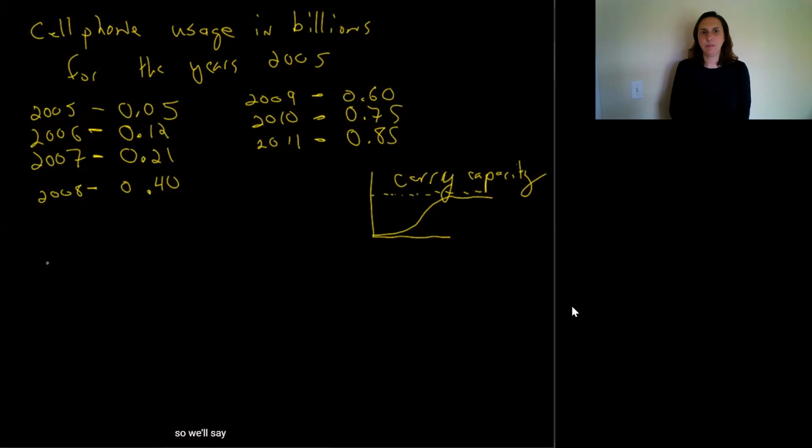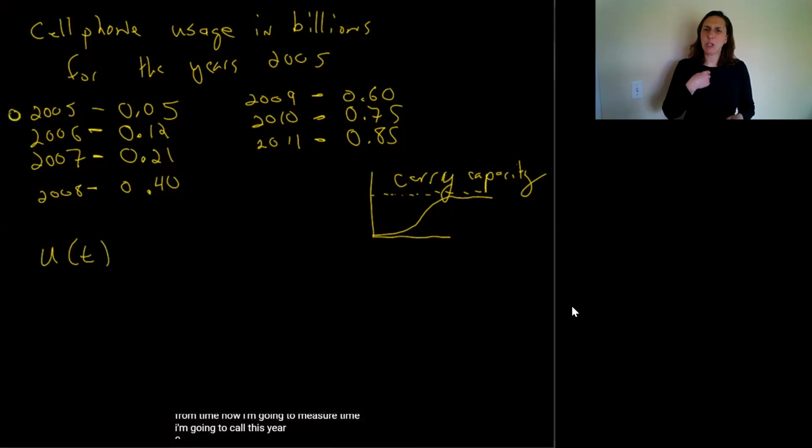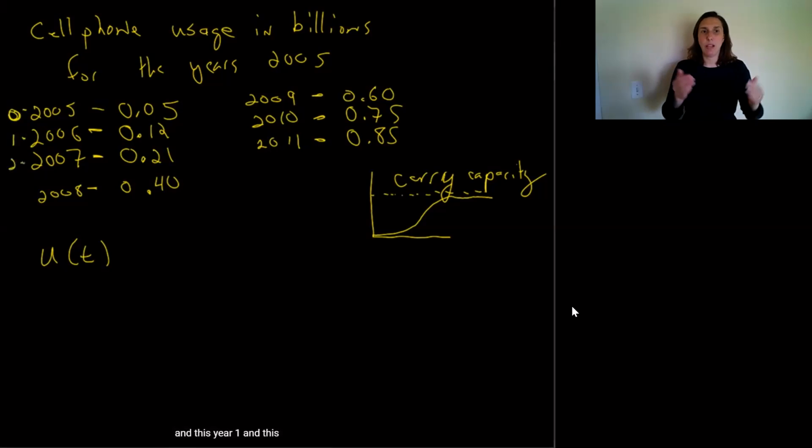So we'll say usage from time. Now I'm going to measure time. I'm going to call this year 0. And this year 1, and this year 2, and this year 3, and so on. So we count time from 2005.